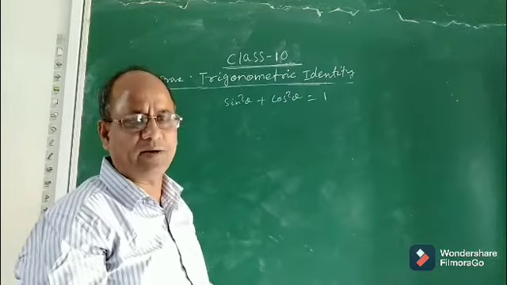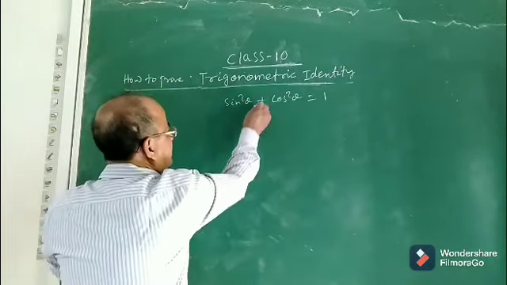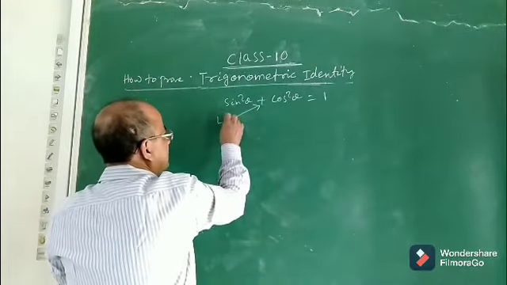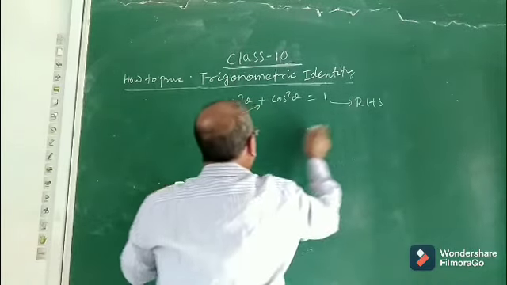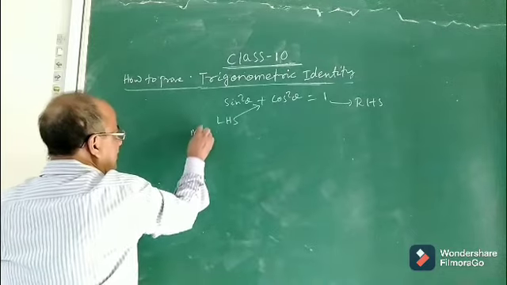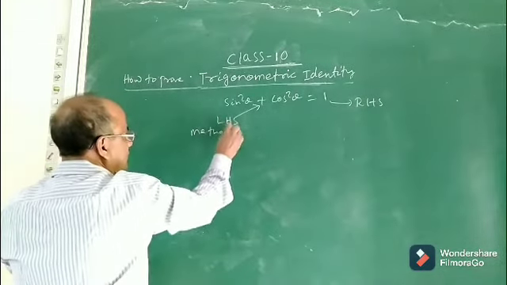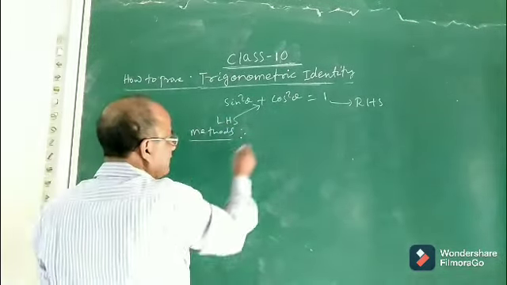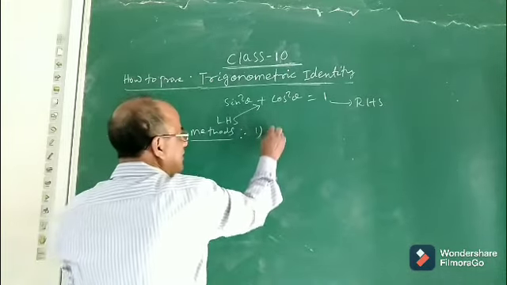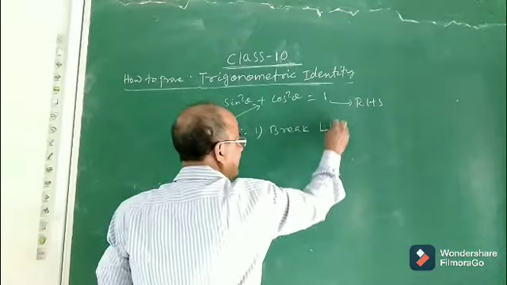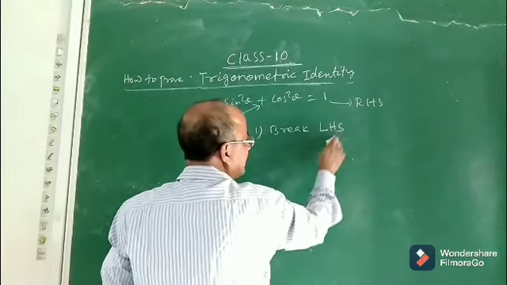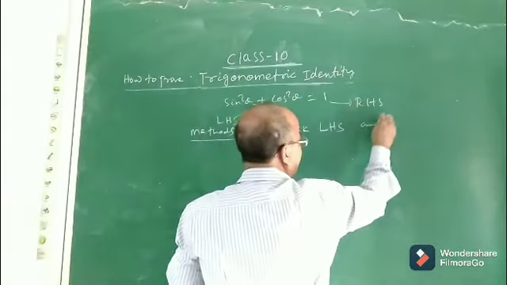In proving a trigonometric identity, see, this part is the LHS and this part is the right hand side. So what are the three methods? The first method is, you break the left hand side and get the right hand side.